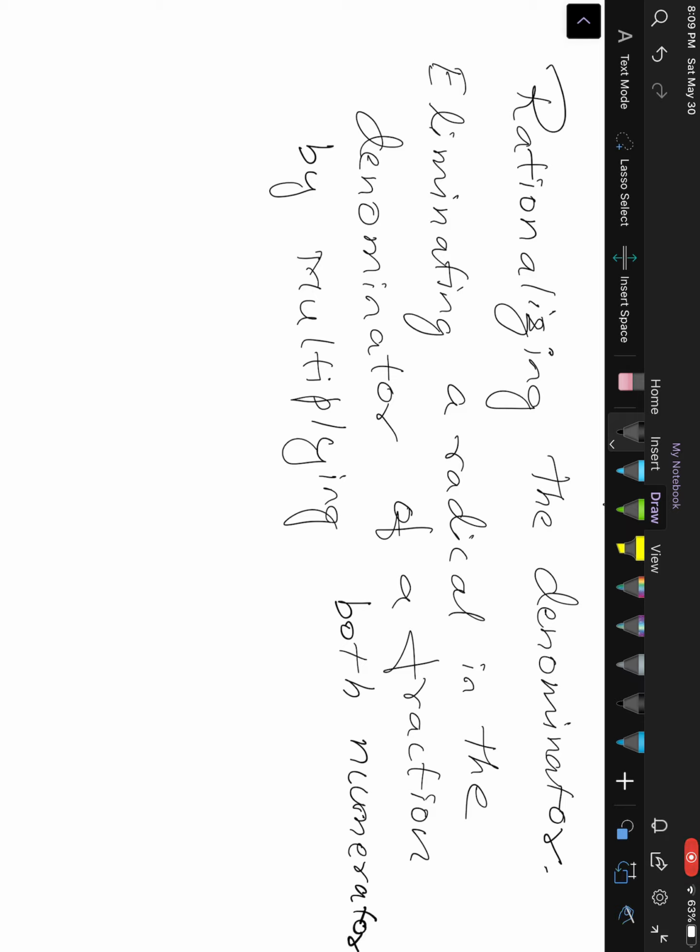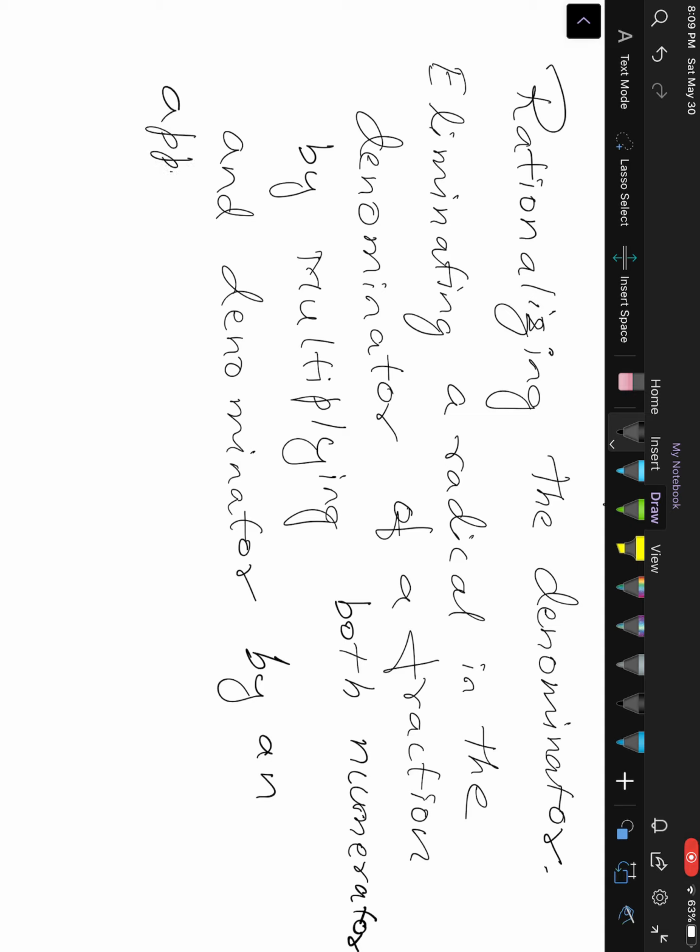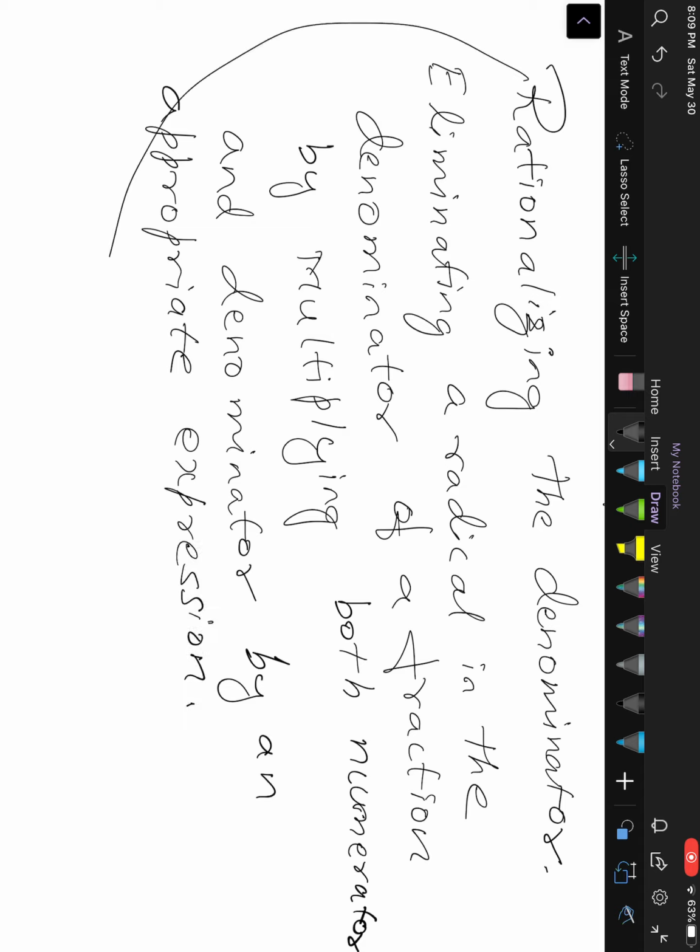This is the method that you follow. This process is called rationalizing the denominator.